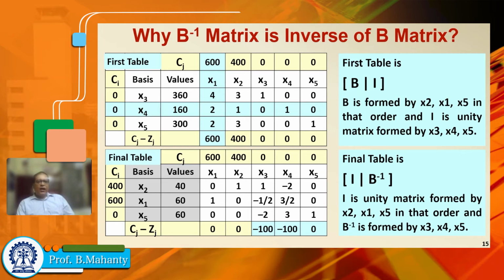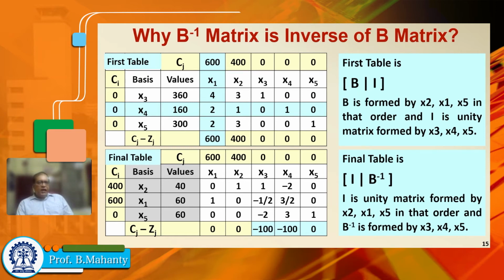Now suppose I think of the original matrix as a concatenation of this B matrix and this unity matrix, which is formed by x3, x4, and x5. So B is formed by x2, x1, and x5 in that order, and I is the unity matrix formed by x3, x4, x5.